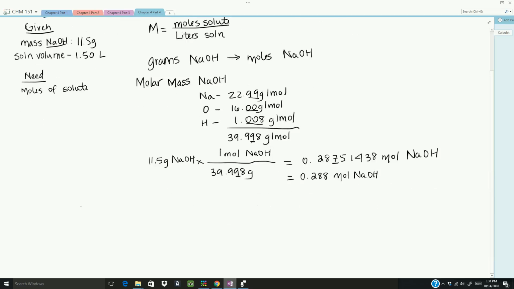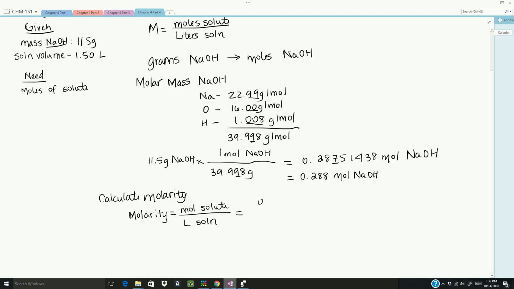Okay, so now that we have moles and volume of solution, we can calculate the molarity. So now we can do what we were trying to do in this problem. Molarity, remember, equals moles of solute per liters of solution.